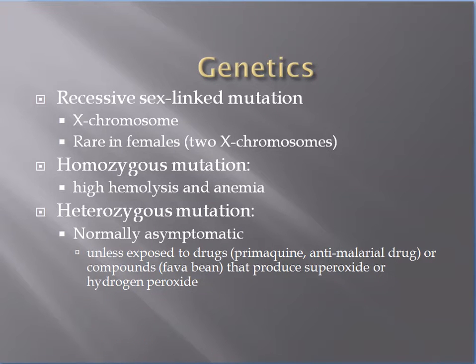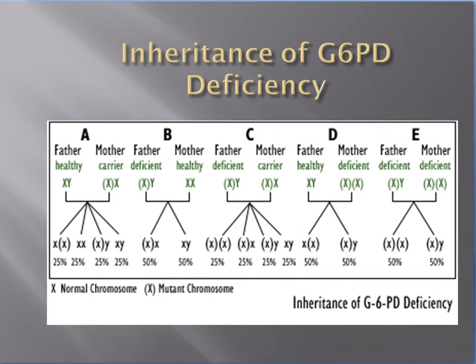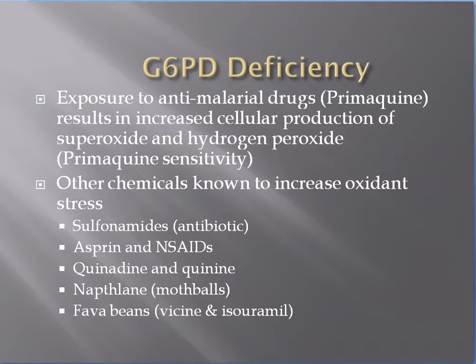What are the genetic variations here? They are recessive, sex-linked mutations on the X chromosome, so they are rare in females, who have two X chromosomes. Homozygous mutations cause high hemolysis and anemia, while heterozygous females are normally asymptomatic unless exposed to the antimalarial drug primaquine or to fava beans, which produce superoxide or hydrogen peroxide. Exposure to the antimalarial drug primaquine results in increased cellular production of superoxide and hydrogen peroxide, hence primaquine sensitivity.